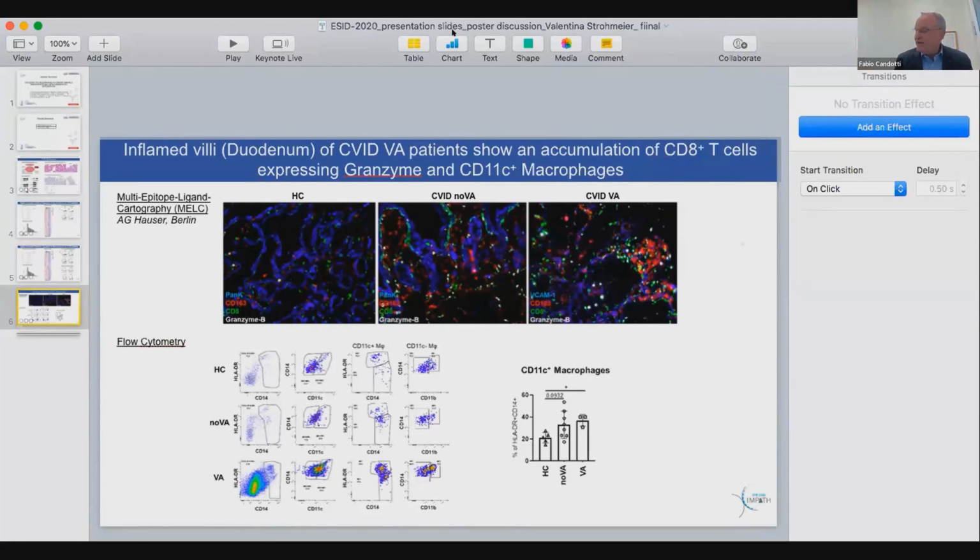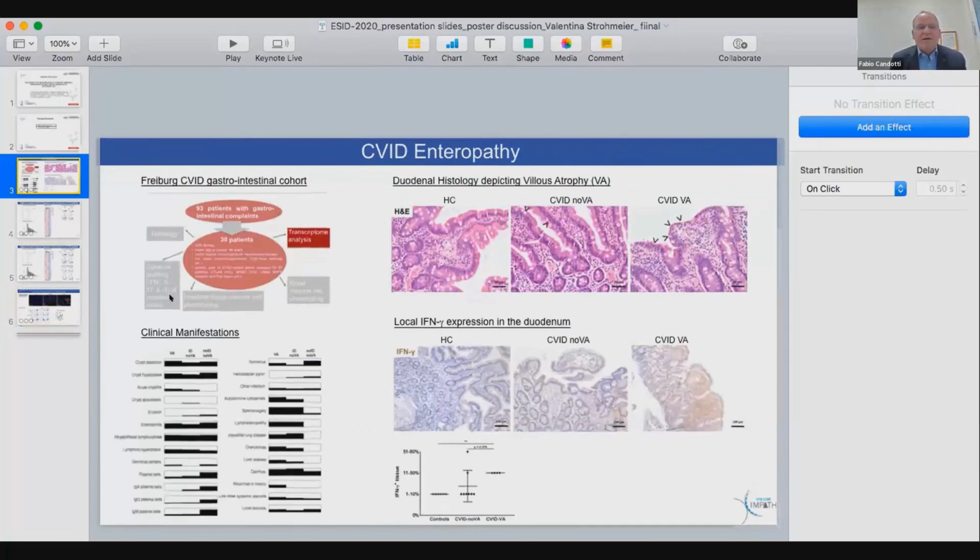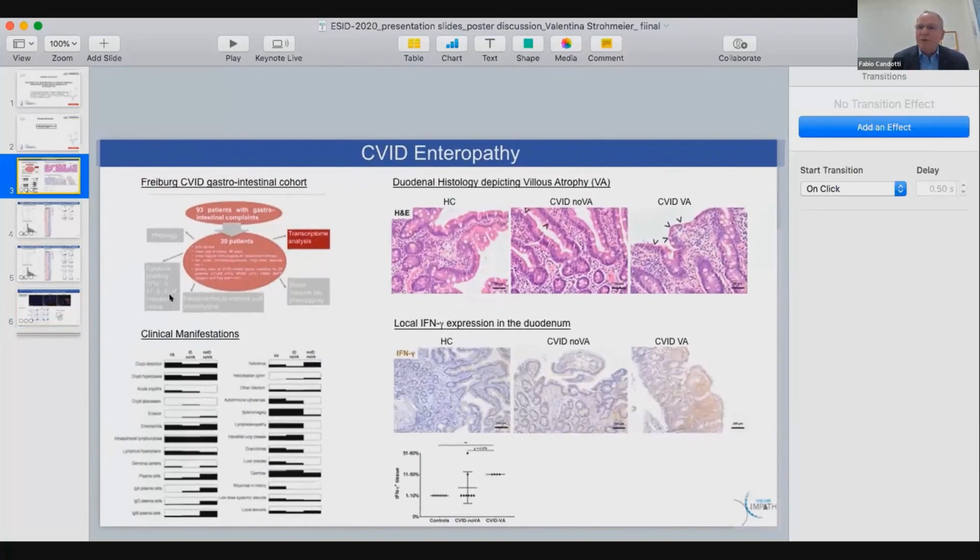Then in the clinical features, I see there was very little that was specifically related to the patients with the VA. Almost nothing was only present in the patients with the VA. Most of these clinical features were in common with other subgroups.